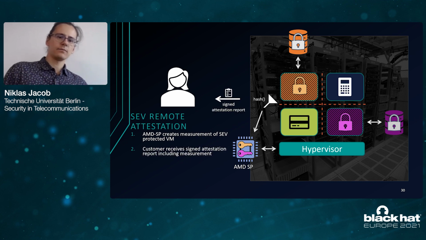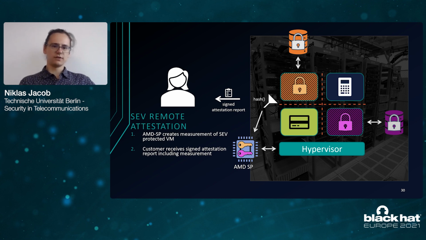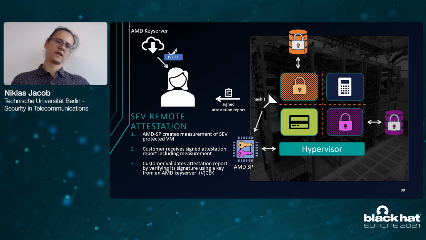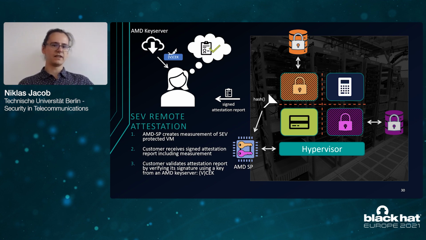This information is then signed with a key called the chip endorsement key, which is accessible only to the AMD Secure Processor. The cloud customer can then retrieve the certificate for this chip endorsement key from AMD's key servers, and using the certificate can validate the signed report, which then proves that the system was set up by a valid AMD Secure Processor.